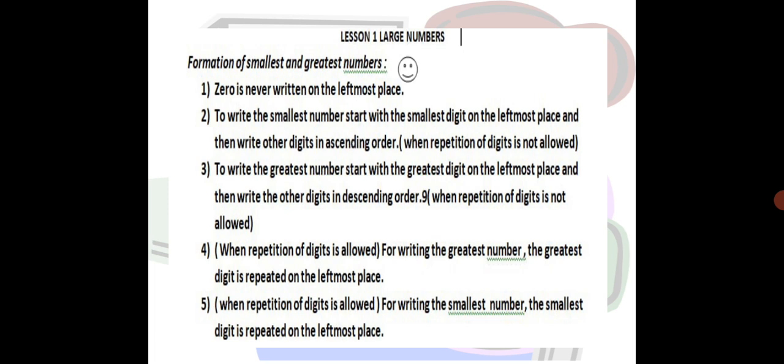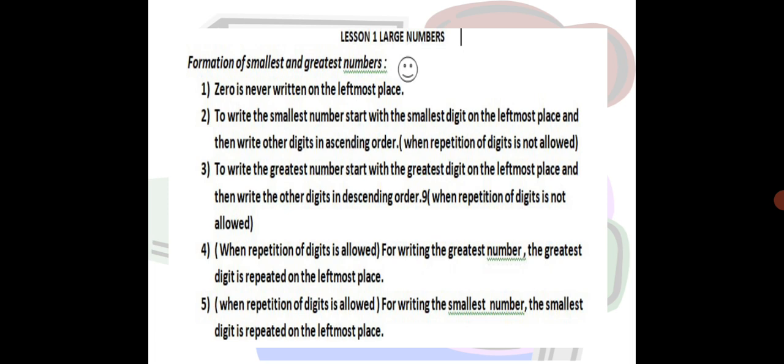Next point to be remembered: when repetition of digits is allowed, for writing the greatest number, the greatest digit is repeated on the leftmost corner. So when repetition is allowed and we are forming the greatest number, what to do? We will repeat the greatest digit at the leftmost corner only.